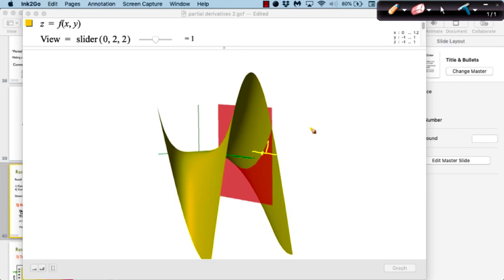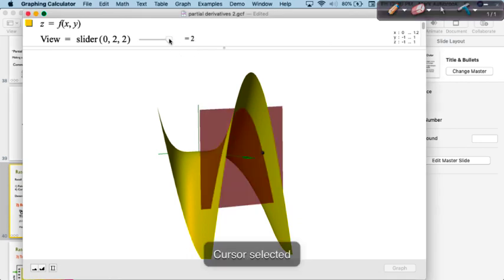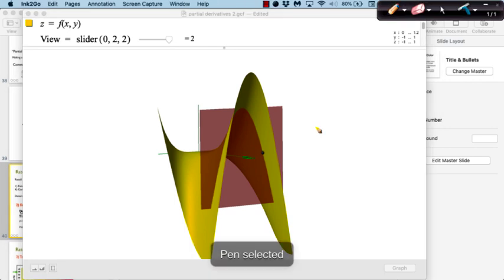So what about analyzing the partial with respect to y? What should I do? x equals 1, right? So I'm going to look at the plane for x equals 1. And I'm going to let y change a little bit. If I go in the y direction, what happens to z?